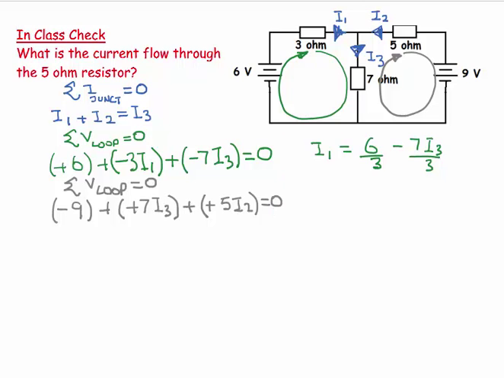And then if I look at the next equation, I'm going to try and find I2. So I2 is equal to, well, let's move the 9 to the other side, so that's 9, and then let's move the 7 to the other side, so that's minus 7I3, over 5.